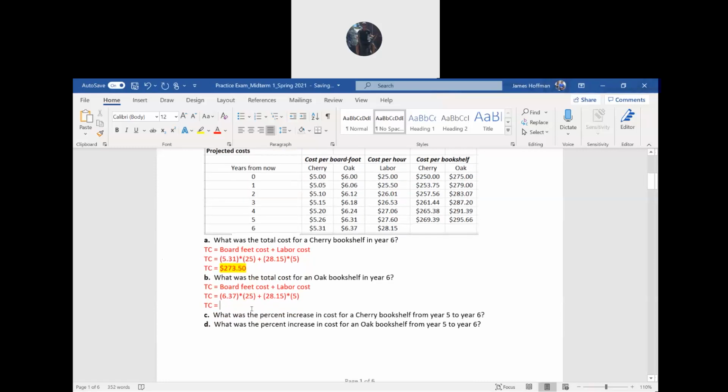And this is the total cost. If you calculate this, you get something like $300 exactly. So that comes out nice.